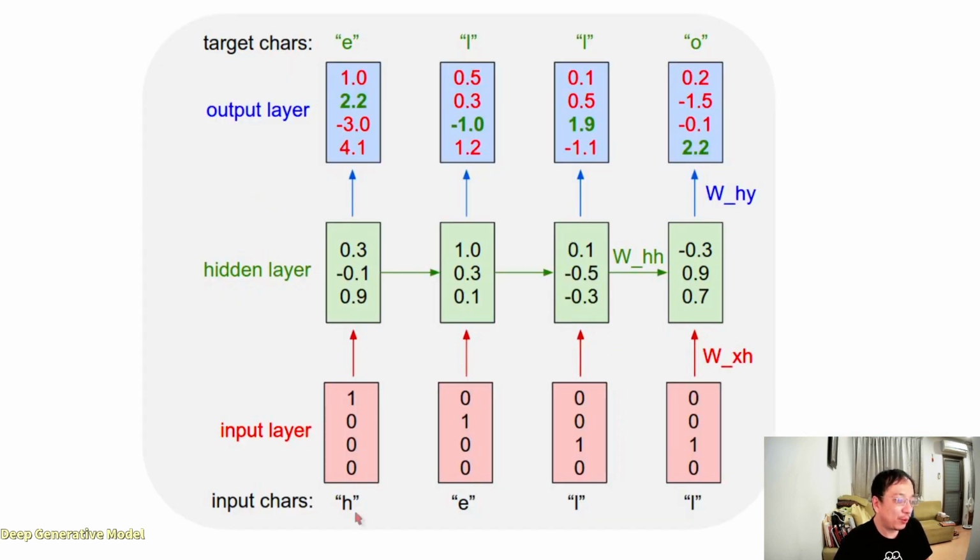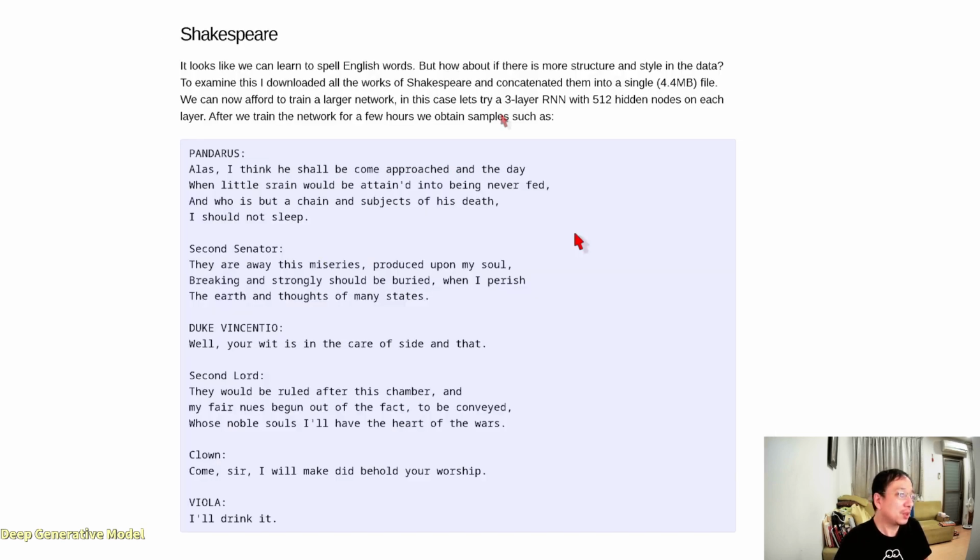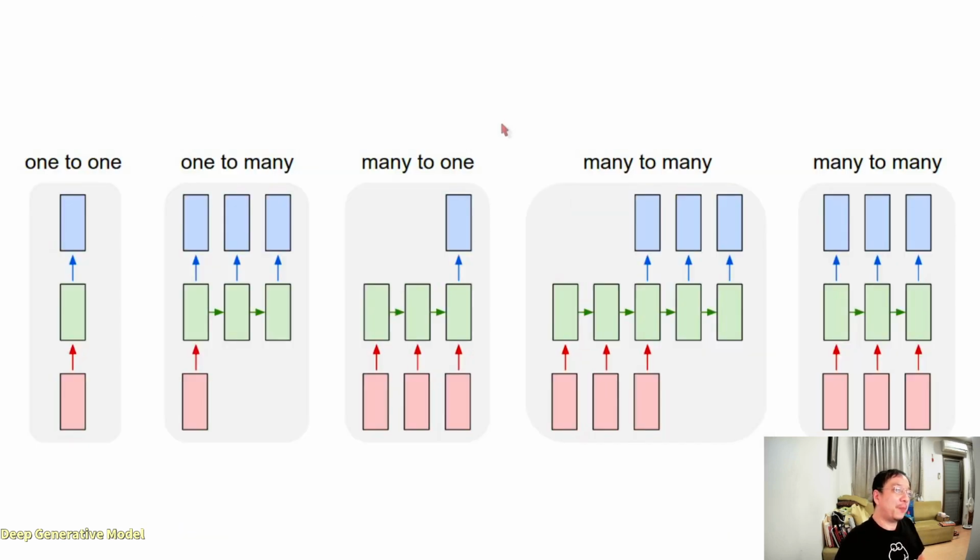So, for example, if we have HELLO, then when we get the H, what we want is for it to output E, and when we have HE, then we wish it to output L. So in fact, it looks like a many-to-many diagram here.